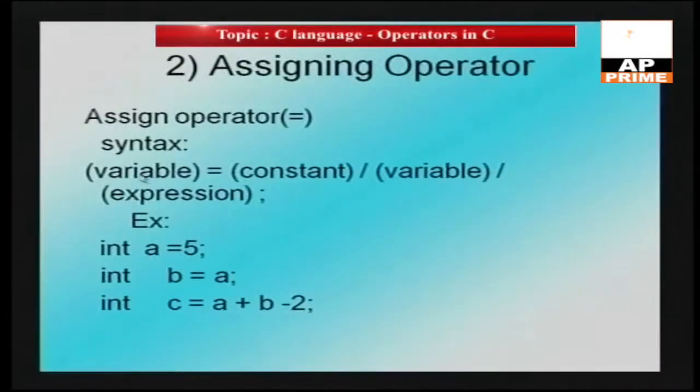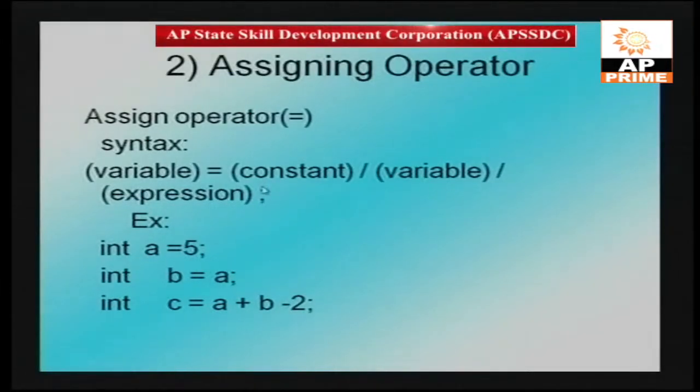How to use it: variable equal to a constant value, or variable equal to another variable, or variable equal to an expression. Any category can be used.